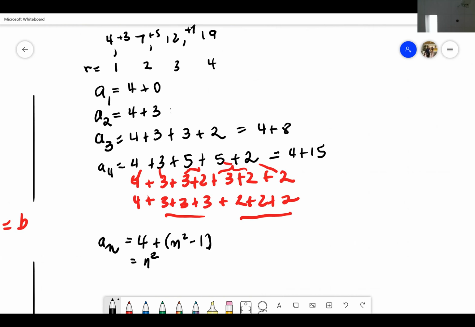And then to simplify it, we would just say this is n squared plus 3. If you put a 1 in there, it comes out to 4. If you put a 2 in there, 2 squared, 4 plus 3, it works. 3 in there, 3 squared plus 3, it works. 4 squared plus 3, it works.